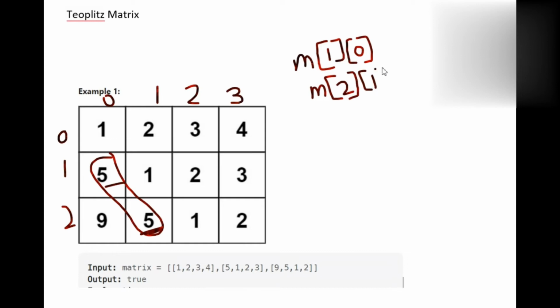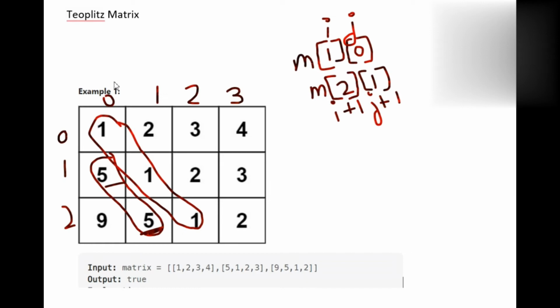So we can notice the pattern. The pattern is, this is M of i and j, and this should be i plus 1 and j plus 1. So this is a pattern through which we can check the diagonal elements. Same if we do for this diagonal.